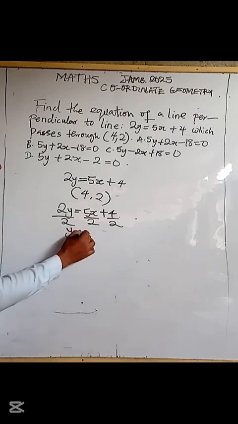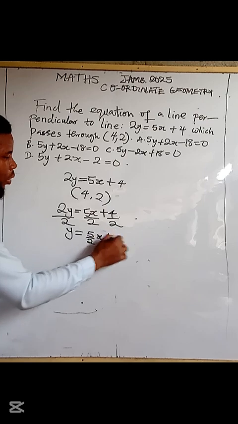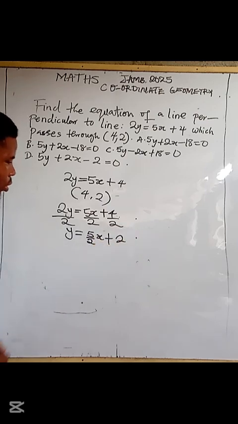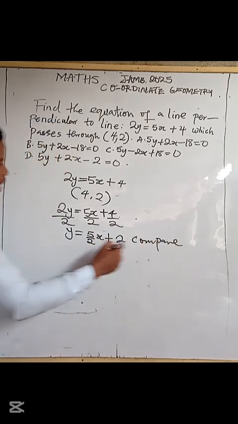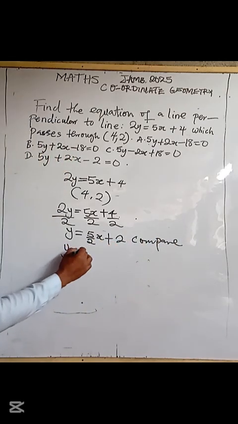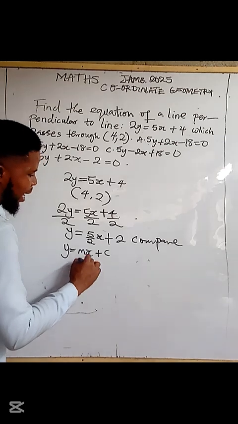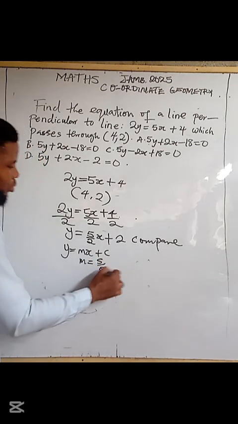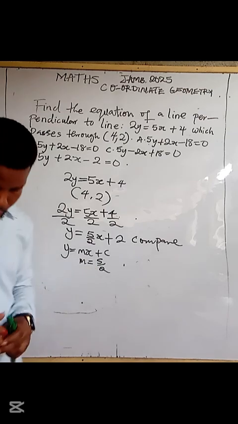So you now have that y is equal to 5 over 2 x plus 2. If you compare this equation with the general equation of the line, y equals mx plus c, it means that our m is actually 5 over 2.